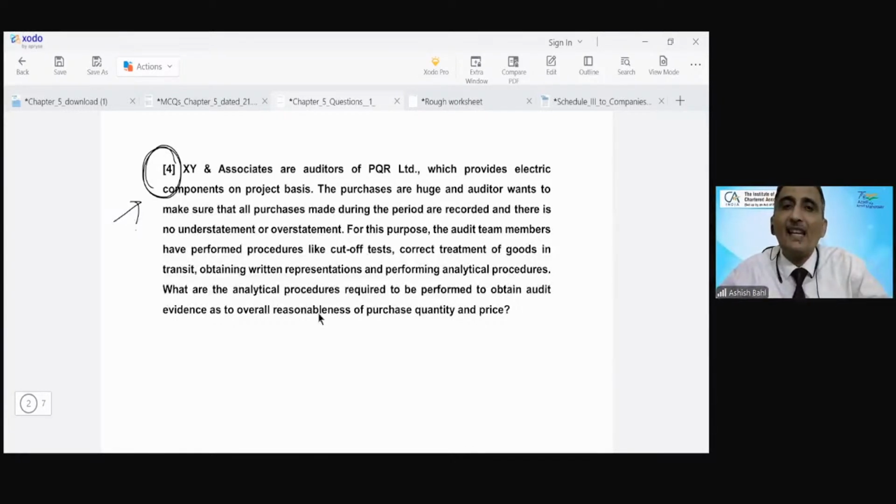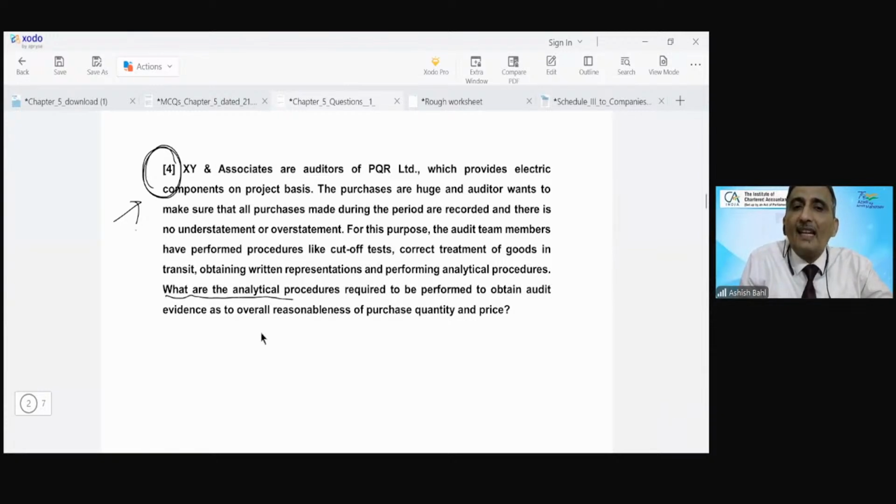So obviously he is checking. He has performed different procedures like cutoff test, correct treatment of goods in transit, obtaining written representations, and performing analytical procedures. Now the question gives you a long description, but at the end of it, what is required to be answered?